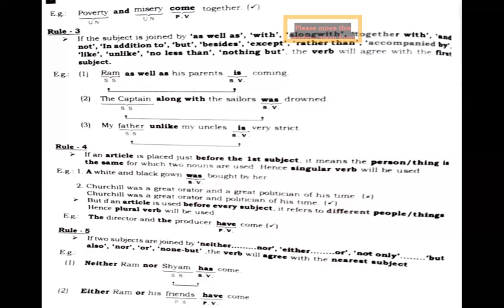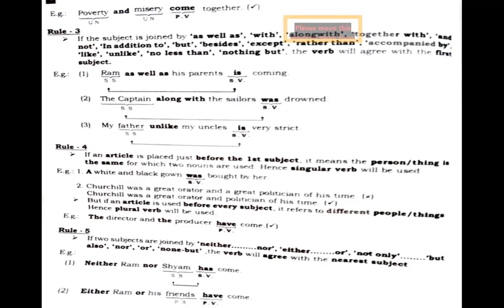You just need to memorize a bit, because these types of sentences will come before you in the exam, and it will ask you to fill in the blanks or remove or detect the error. So you should be familiar that the verb will agree with the first subject, because there are two subjects in the sentence. The verb in the sentence will go with the first subject.